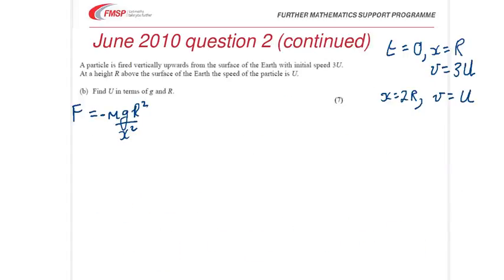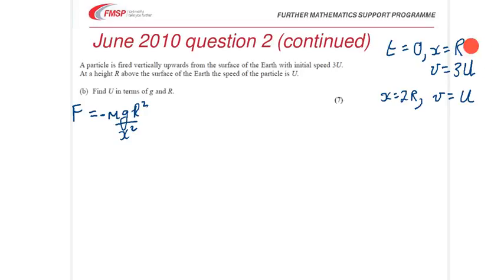As you can see over on the right here, I've translated the words into some conditions in terms of values of x and corresponding values of v. When the particle was fired from the surface of the Earth, its speed was 3u. That translates into x equals r, and v is 3u, because x represents the distance from the centre of the Earth.